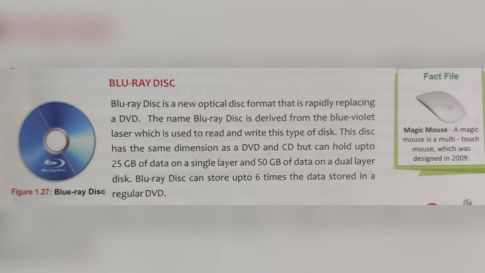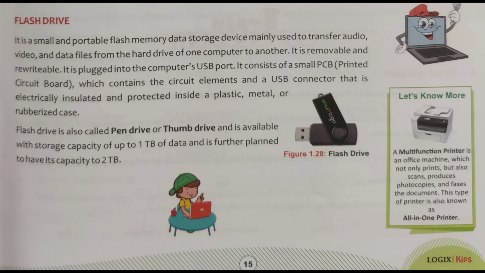This disc has the same dimensions as a DVD and CD, but can hold up to 25 GB of data on a single layer and 50 GB on a dual layer disc. A Blu-ray disc can store up to 6 times the data stored in a regular DVD. So it has a very large space.